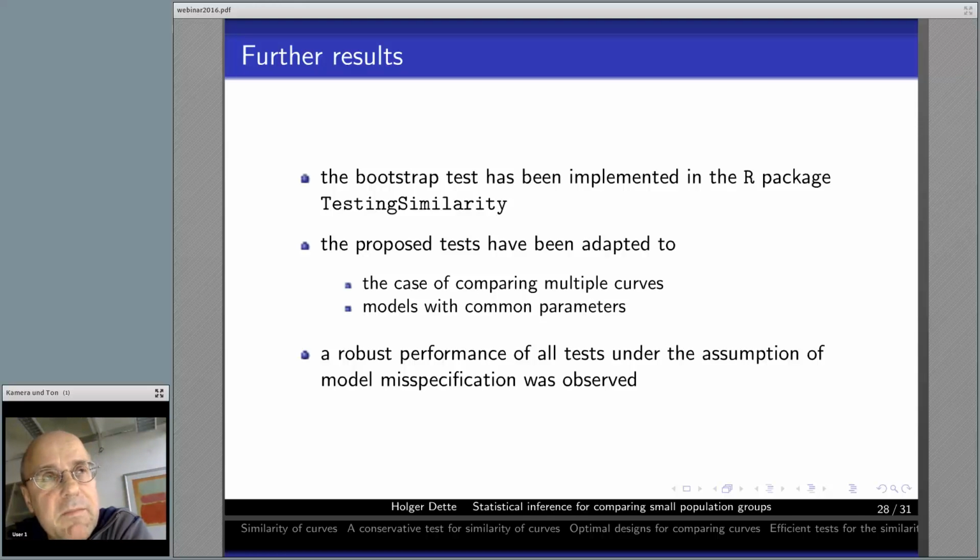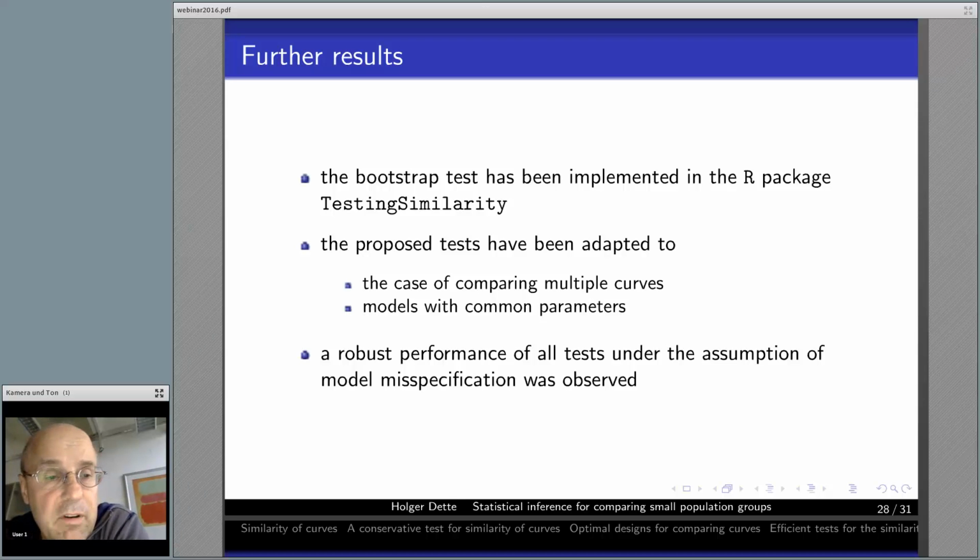This common parameters means that some of the parameters are the same. For example, if we have two Emax models for the two populations, it might be reasonable to assume that the intercept is the same because the intercept somehow corresponds to a placebo effect, which might be the same for female and male persons.